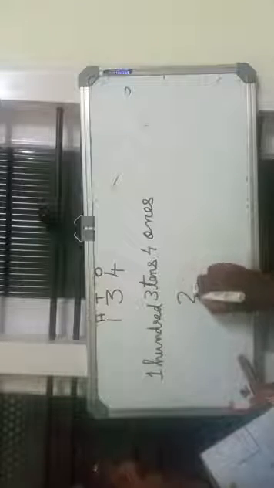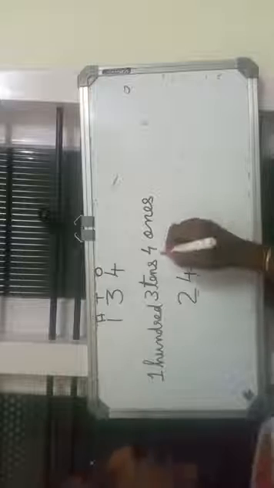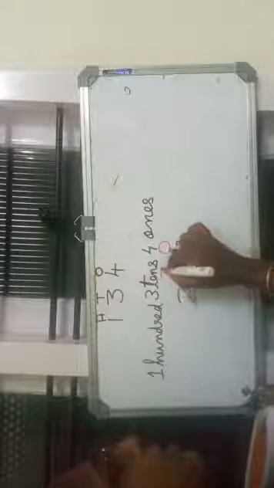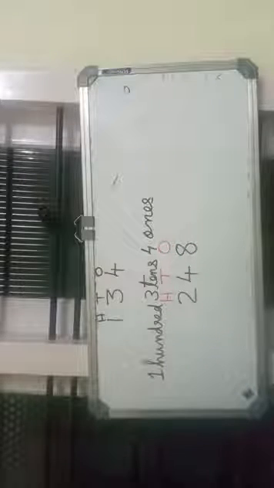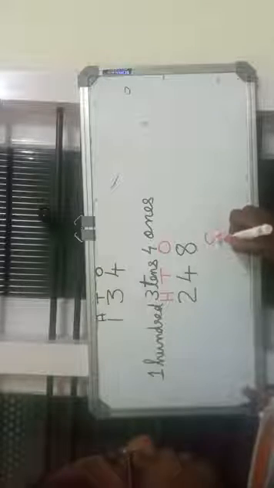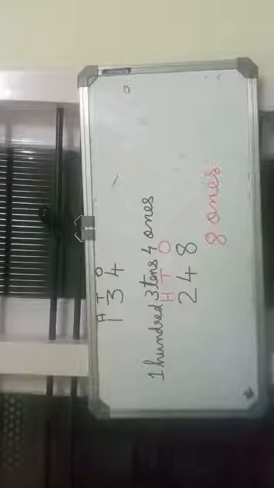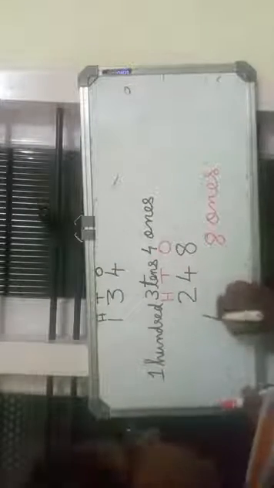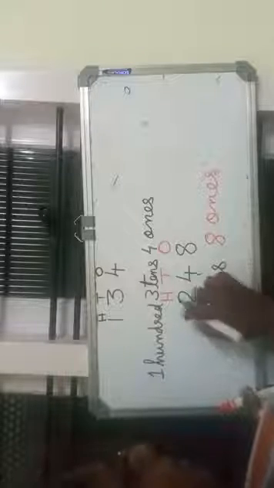Then if the number is 248, how do you split? First, let us write ones, tens, and hundreds. Okay. Then see, how do you split? 8 ones, 4 tens, and how many hundreds?